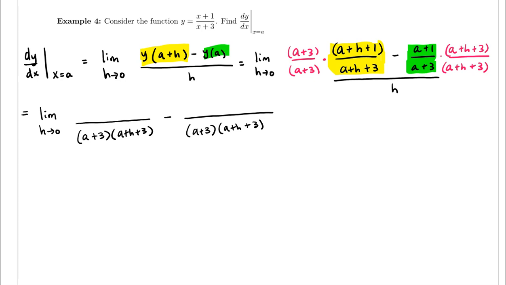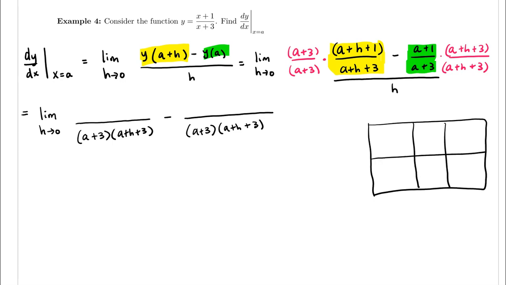All right, so let's go here, and I need to multiply a plus 3 times a plus h plus 1, and I'm going to do that by using the box method. So I have a plus 3, and then a plus h plus 1. I can multiply in these corresponding boxes.